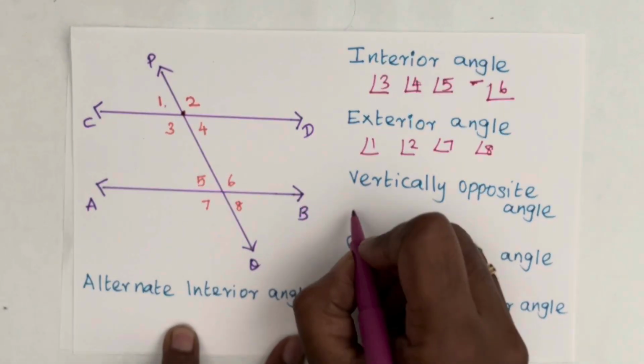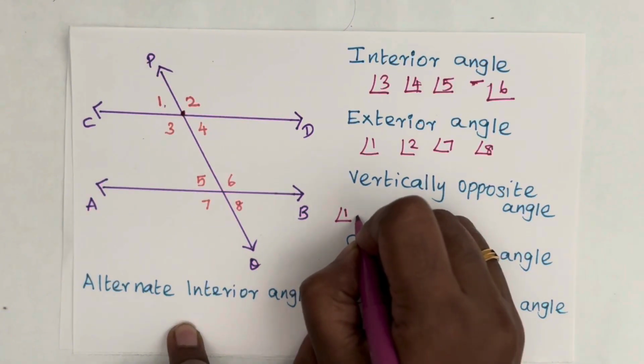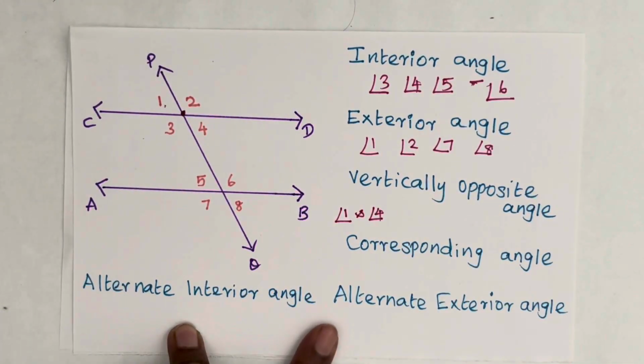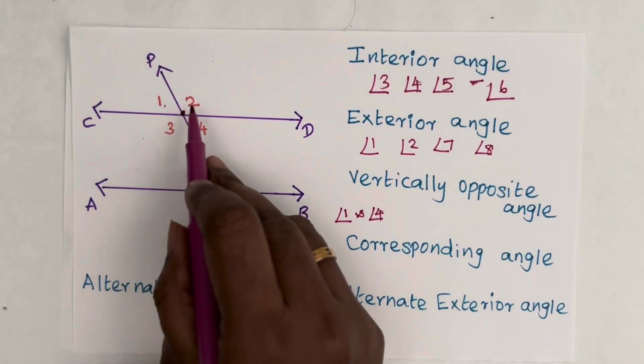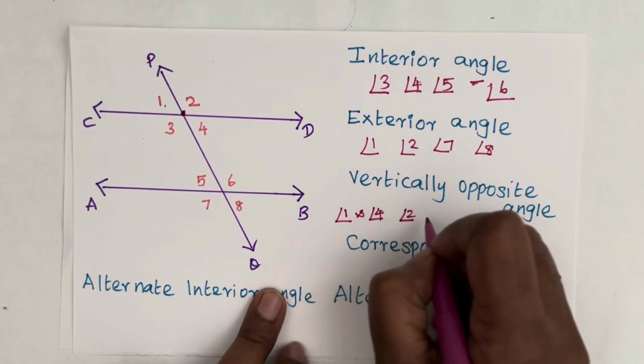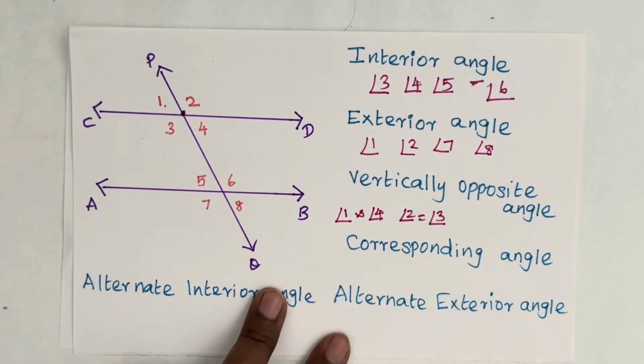Angle 1 and angle 4. So both are vertically opposite angles. Then angle 2 and angle 3. You can write equal also, because vertically opposite angles are always equal.